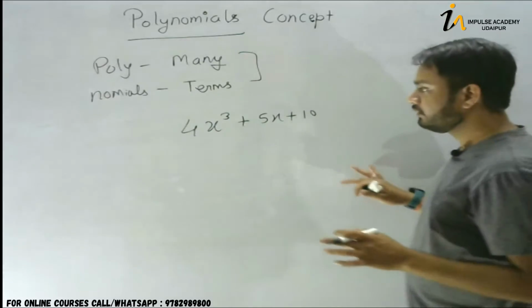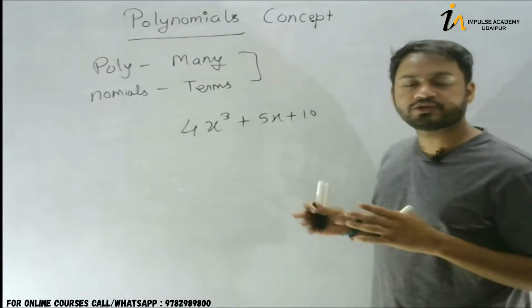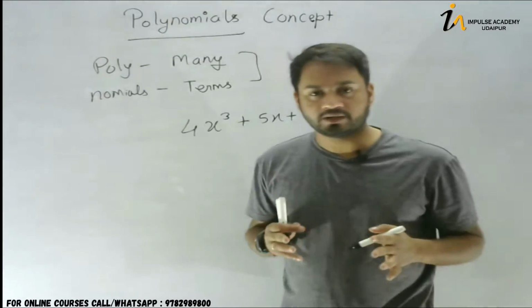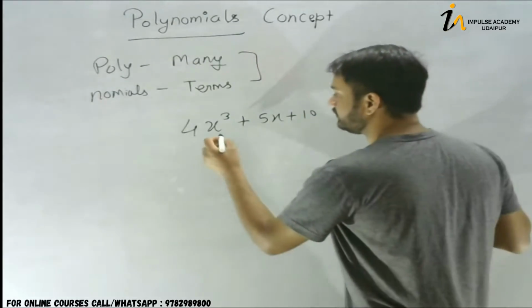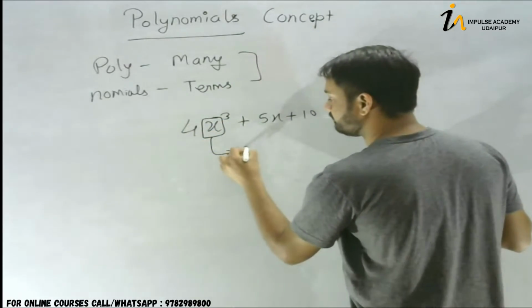Before going to the types of polynomial, first let us know what is constant and what is variable.